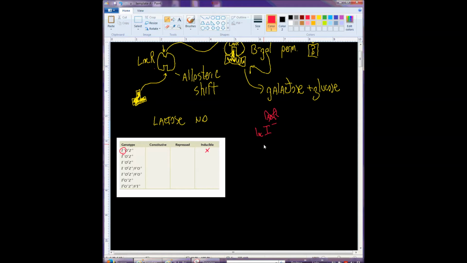LAC-I is mutated, and we're calling this specific mutation a mutation in the operator binding site. I guess we just have to memorize that, because there's another mutation that we could have, which we'll talk about in a second. But the LAC-I mutation means the operator binding site has been mutated.